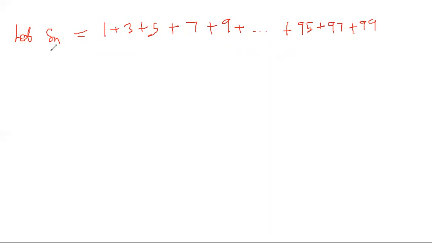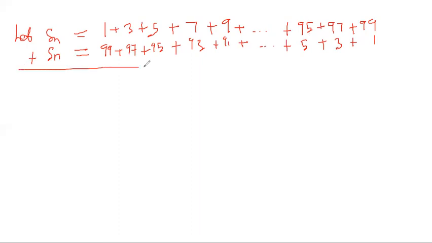Then for convenience, we can rewrite it beginning with 99: 99 plus 97 plus 95 plus 93 plus 91, then plus 5 plus 3 plus 1.